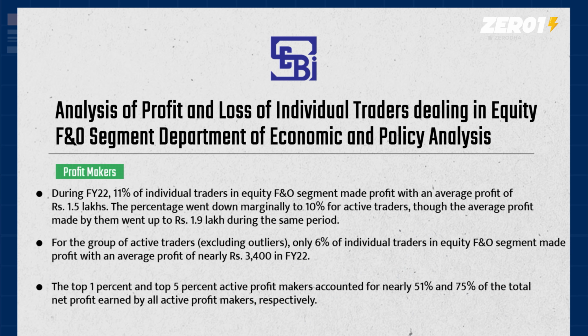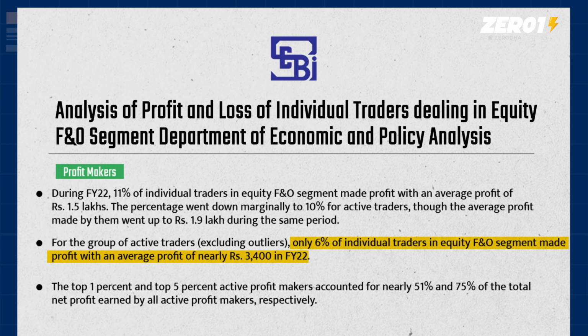And these are not some random stats. SEBI says it. And if you remove the profitable outliers, just 6% of all F&O traders individually made money and the average profit was just 3,400 rupees. So basically, very few people actually make money in options.